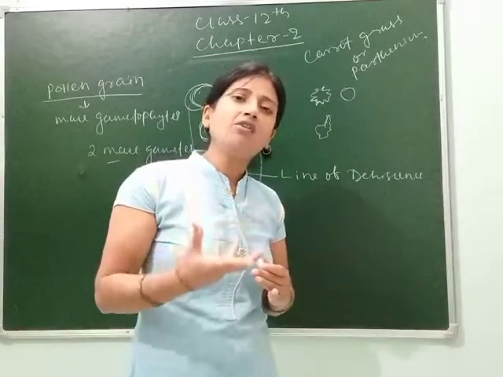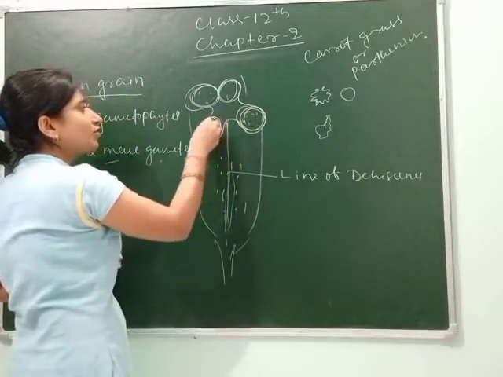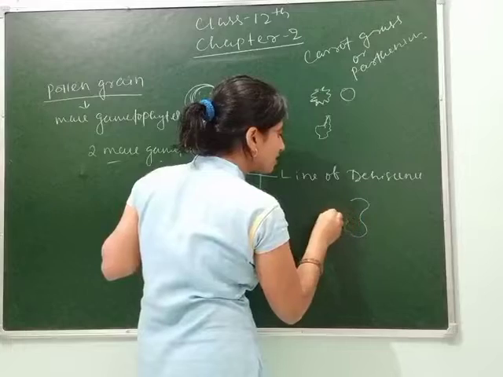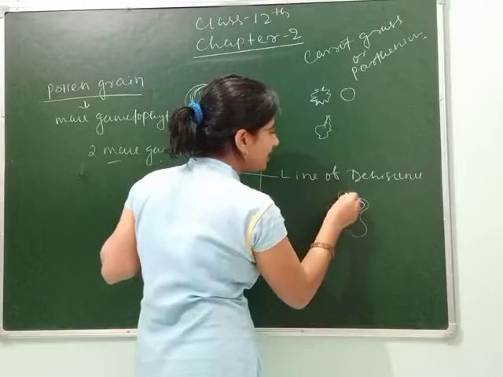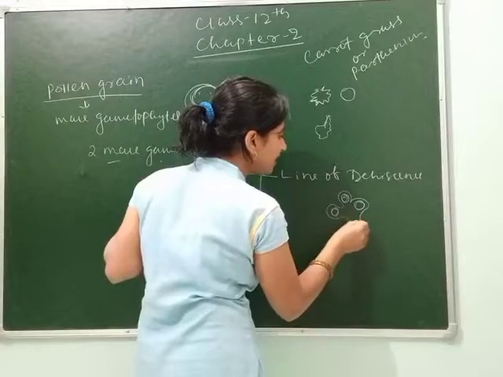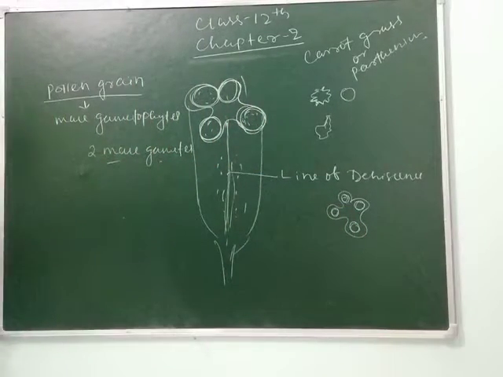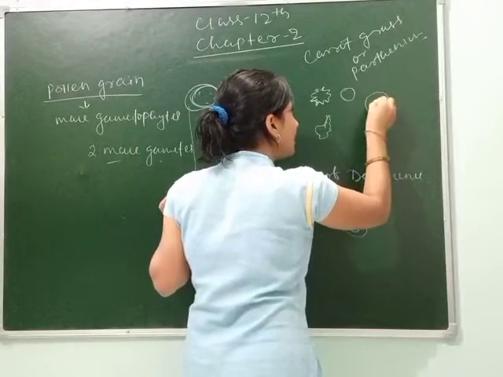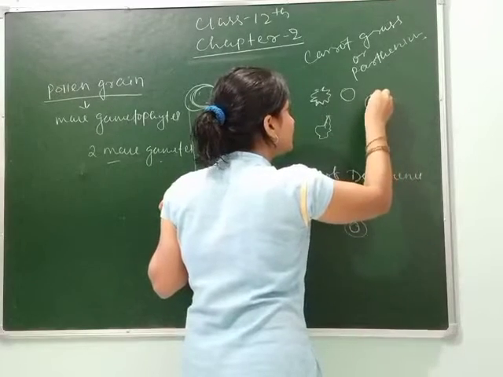Let's see how the pollen grain is formed. As I have told you, pollen grains are formed in these microsporangia. If we see the cross section again, here is a pollen grain, here is a pollen grain, and here is a pollen grain. So how do the pollen grains mature? Initially the pollen grain looks like this.